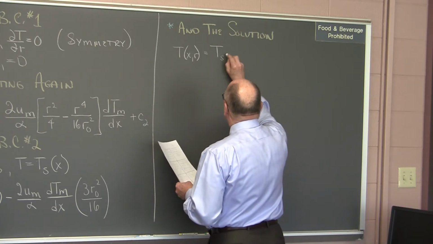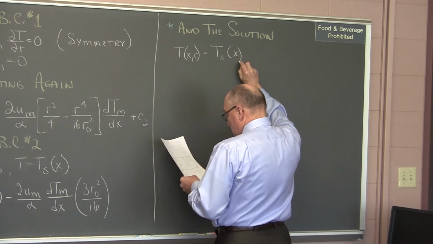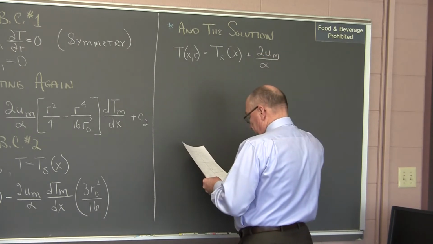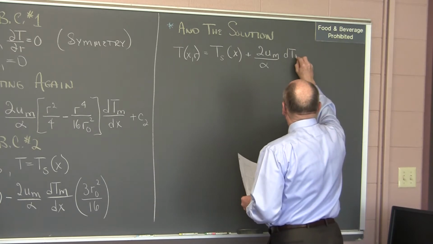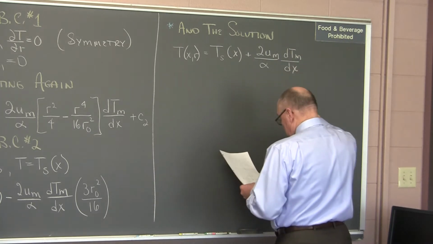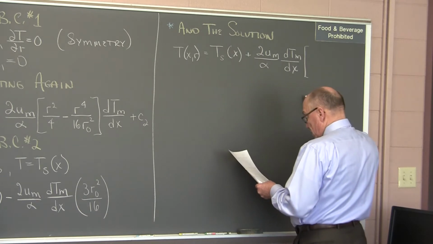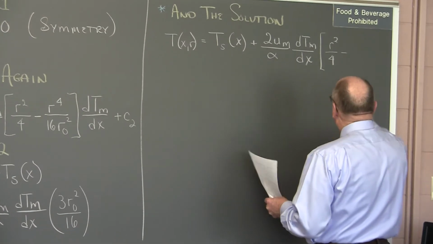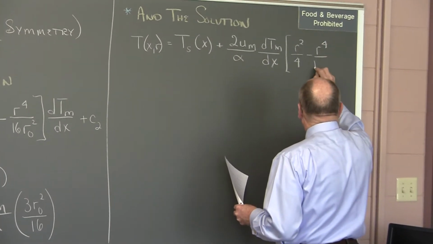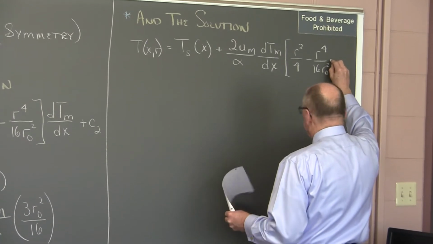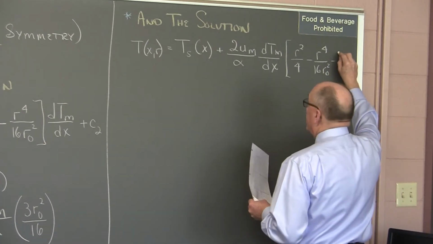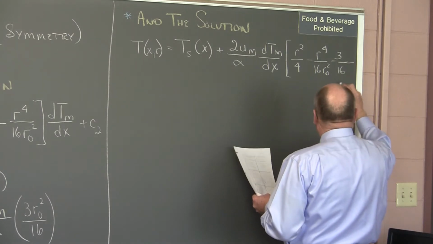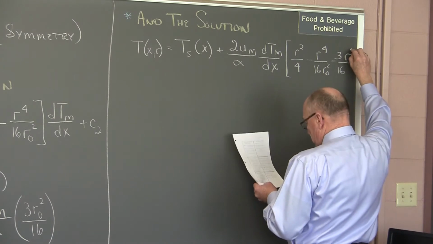So we have Ts, a function of x, plus 2u_m over alpha times dT_m/dx times the following: r squared over 4 minus r to the 4th over 16 r sub 0 squared minus 3/16 times r sub 0 squared.